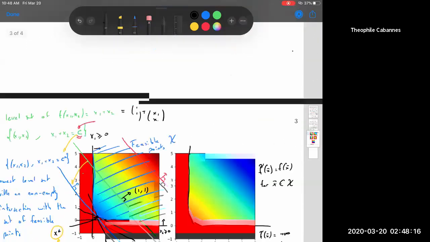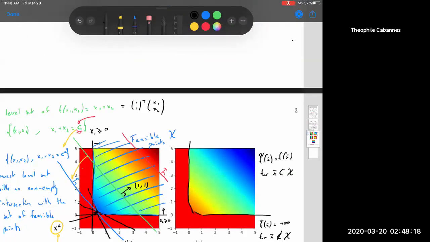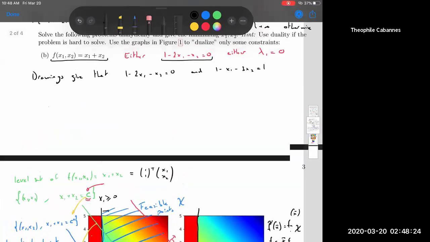And this gives you that probably this one, x1 greater than 0 and x2 greater than 0, are not active.